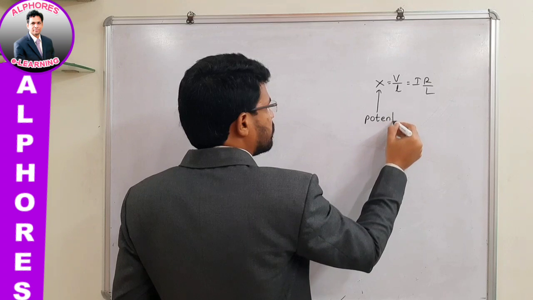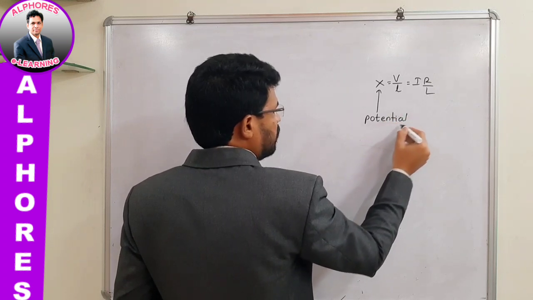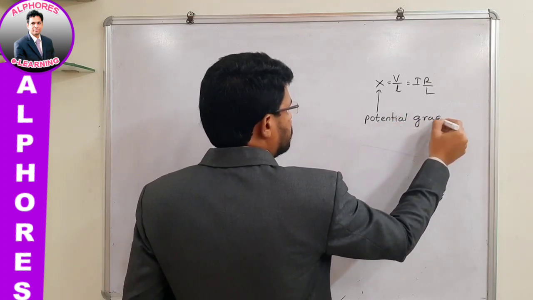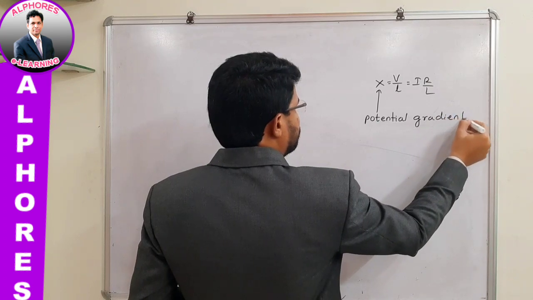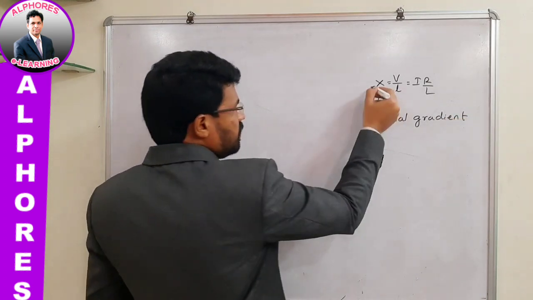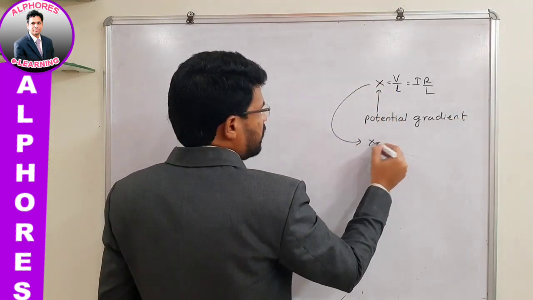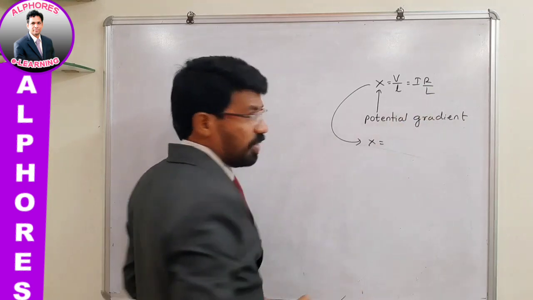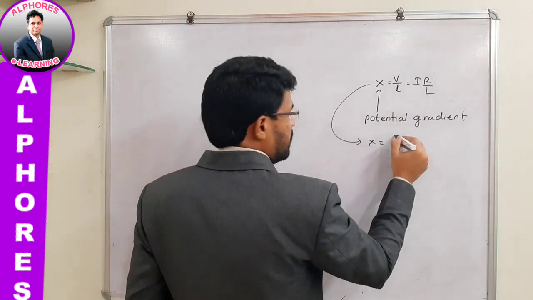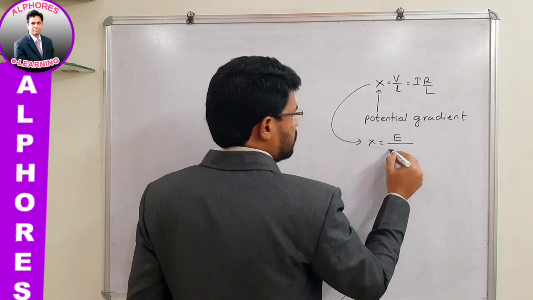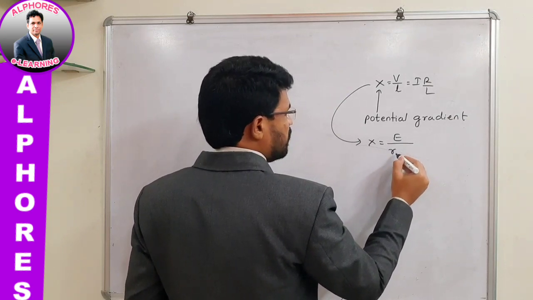This equation can also be modified like this. X is equal to I, and I can be written as EMF E divided by the total resistance offered by the primary circuit.